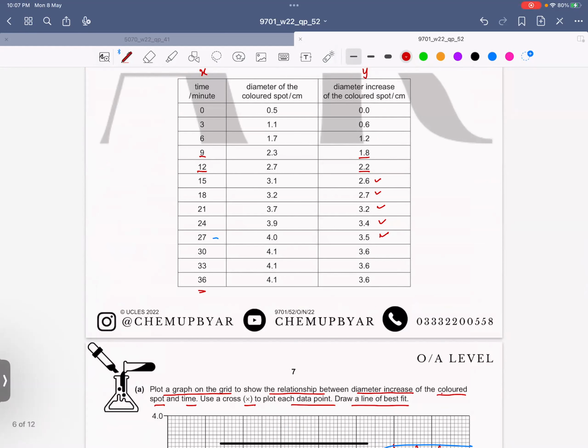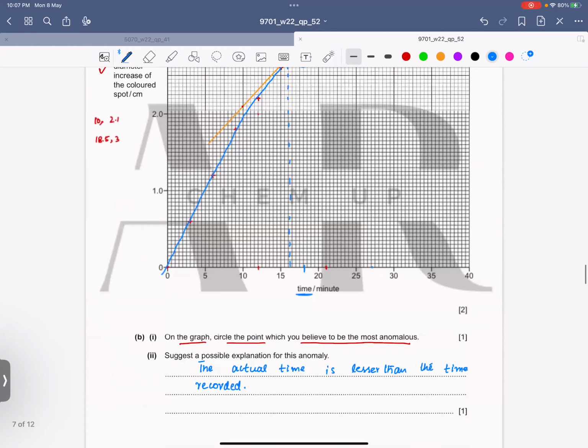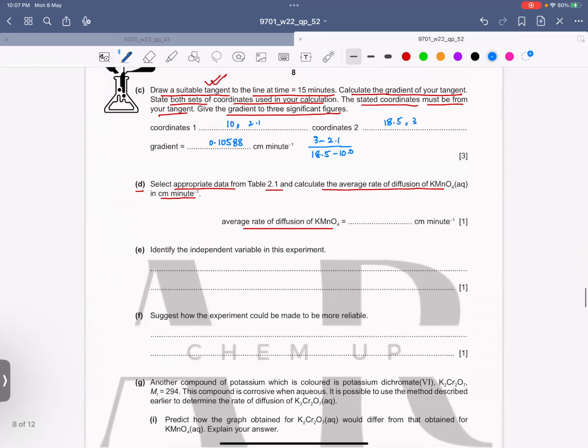If you see, the reaction would actually end at 30 minutes. Here we are provided with the minutes, and the increase in diameter is from 0 to 3.6. So the average rate would be calculated by the change in the diameter divided by the time. So 3.6 over 30.